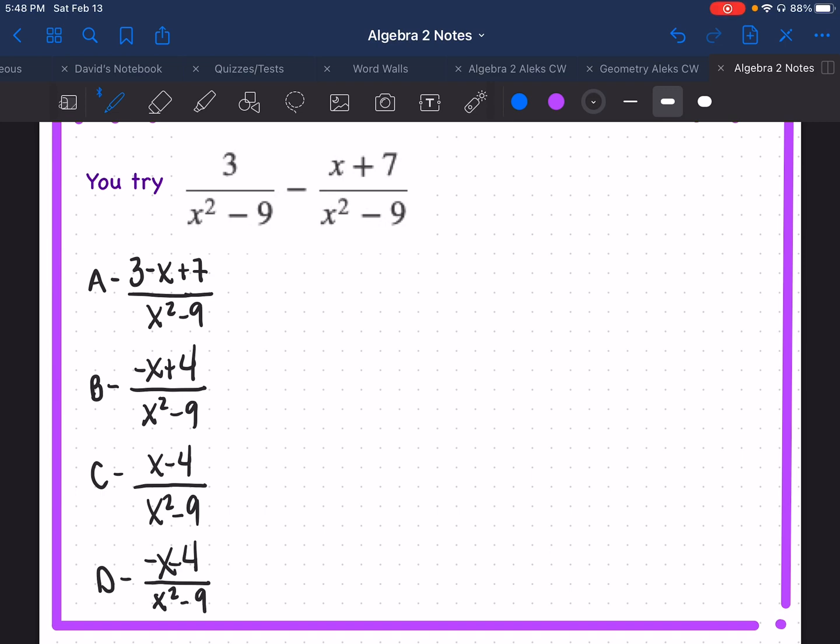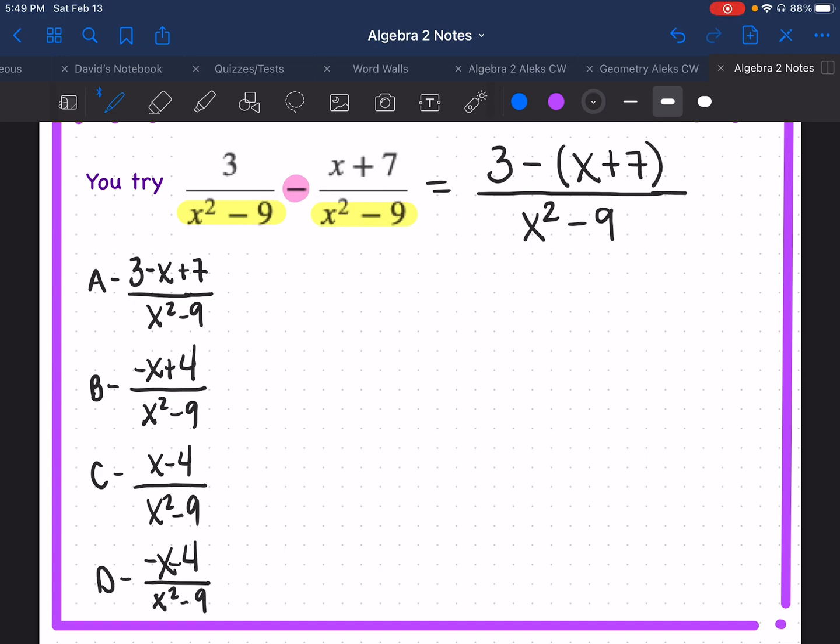All right, hopefully you saw an answer that you got added in the answer choices. Let's go ahead and take a look. So right away from the beginning, I know I can subtract, because my denominators are the same. Don't forget that one of the first things you need to do when you are subtracting, which is different from adding, is that you need to make sure that you are distributing that subtraction to the second numerator.